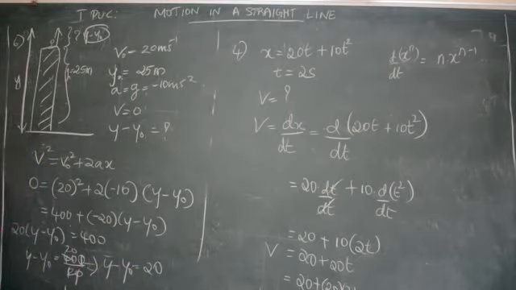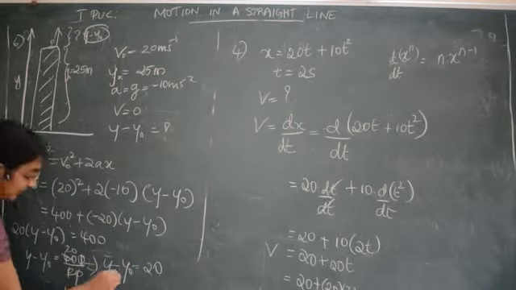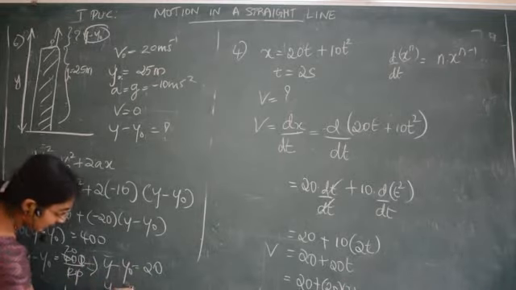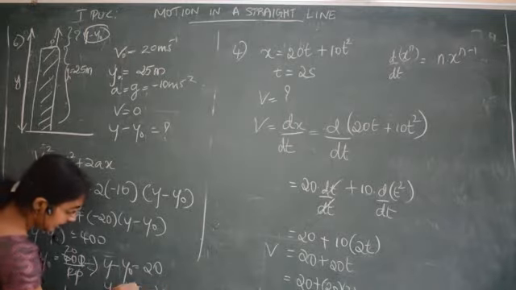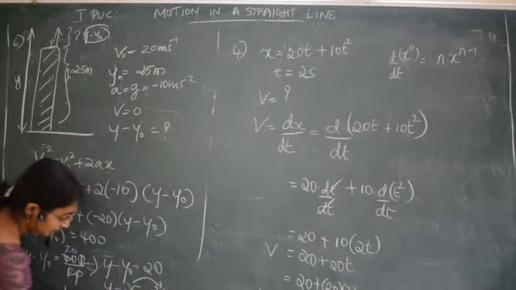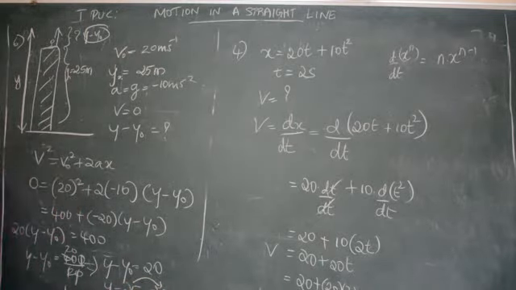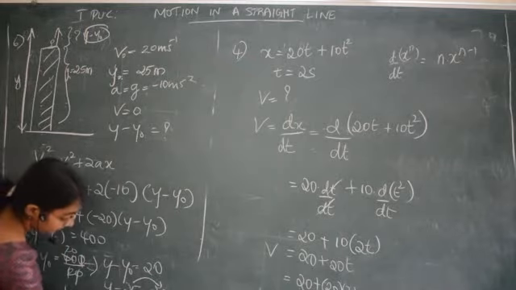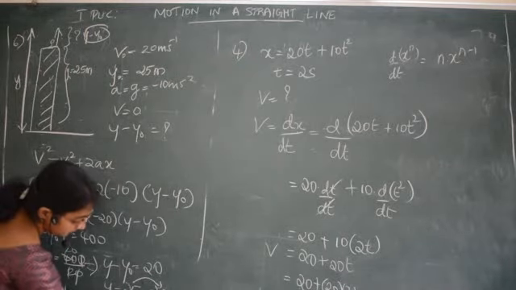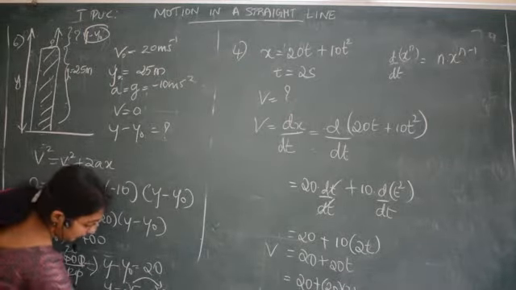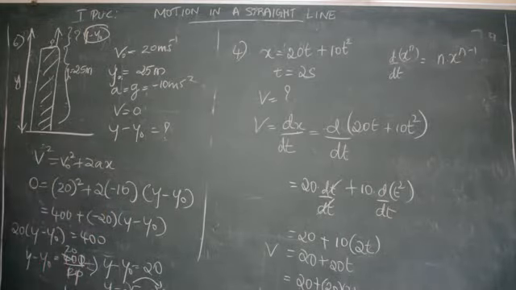But we know the value of y0, which is 25. So y minus 25 is equal to 20, then y is equal to 25 plus 20, which is 45 meters.